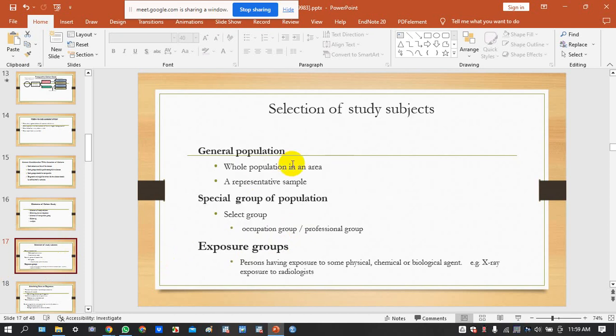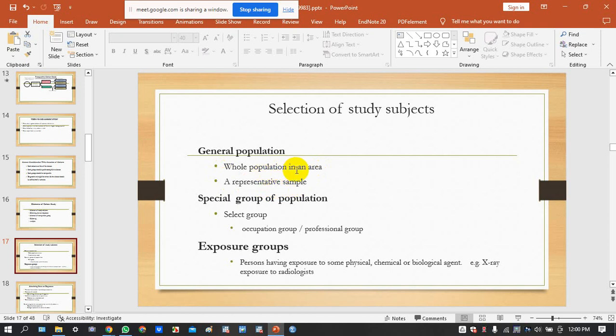So still on selection of study subjects, we look at the general population. If you are considering the general population, look at the whole population in an area. That is, if you have money to look at all the people in Bolga, go around following them up. It's not possible. You may not have money to do all, so you just pick a sample.